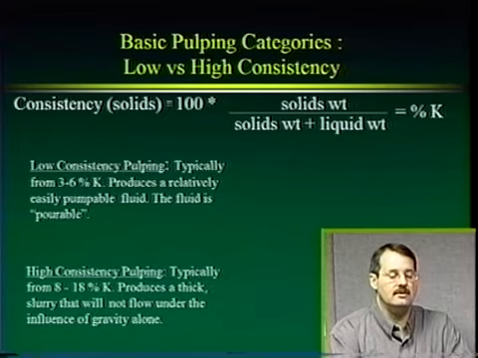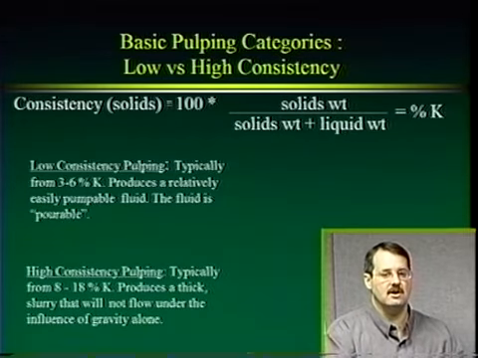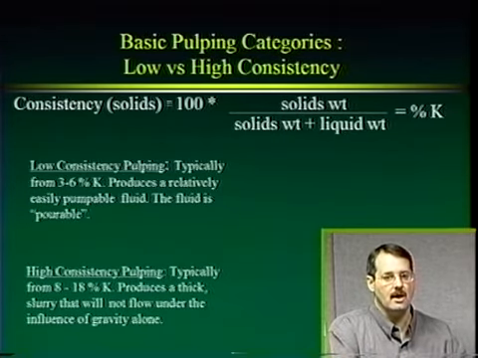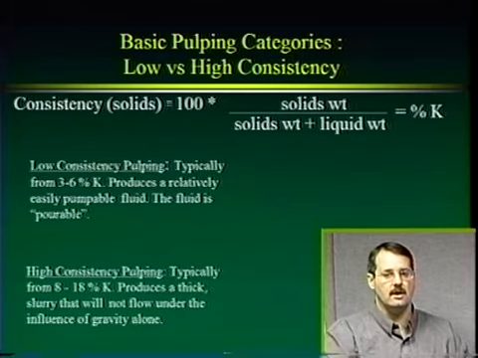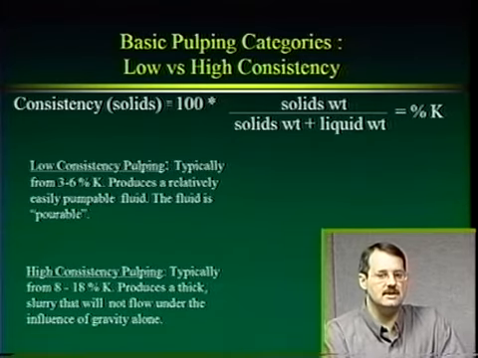Now the important thing to think about in these two types of pulpers is the processing difficulty with high consistency pulping. Low consistency pulping at, let's say, 5% consistency, the pulp can be poured out of a jar, so it's pourable. It's relatively easy to pump.